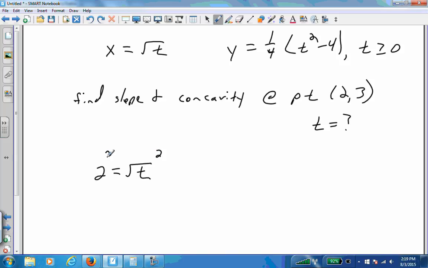Square both sides. So in order for x to be 2, t would need to be 4. Notice if we put a 4 in here, 4 squared is 16, minus 4 is 12. What's 12 divided by 4? 3. So yeah.